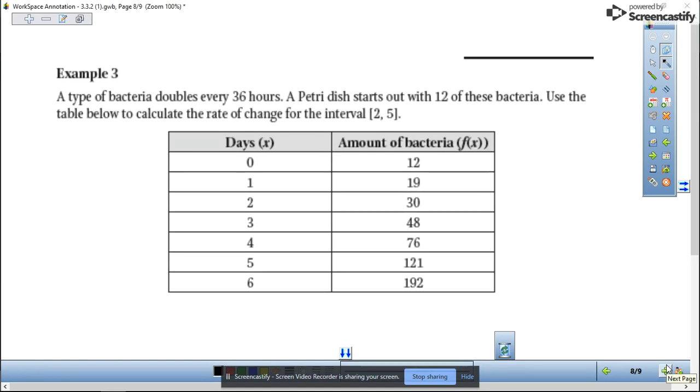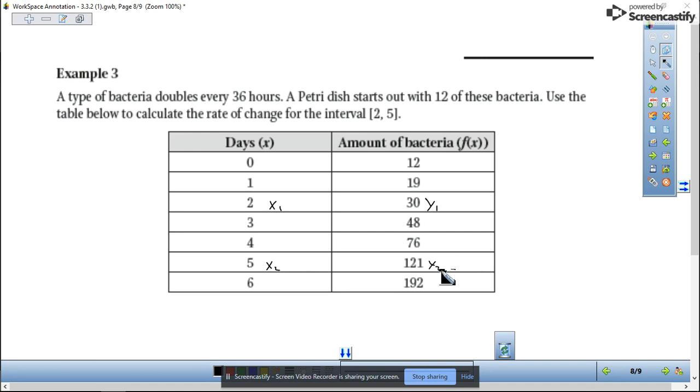Now, that example leads us into the next one, okay? A type of bacteria doubles every 36 hours. A petri dish starts out with 12 of these bacteria. Use the table below to calculate the average rate of change, okay, for the interval 2 to 5. Again, if they give it to you in a table, don't beat yourself up. It's not real hard. Okay, x1, y1. The other interval is x2, y2.